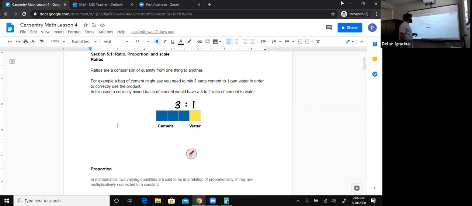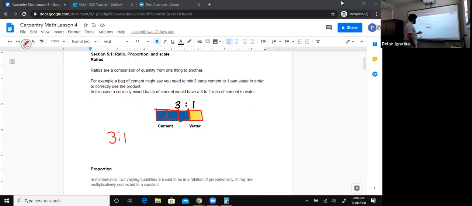So for example, we might have a bag of cement that needs to be mixed at a ratio of 3 parts cement to 1 part water, right? We have 3 cubes of cement that are the same volume as our 1 cube of water, giving us a 3-to-1 ratio. We can write ratios in different ways. Sometimes we'll have 3-to-1.